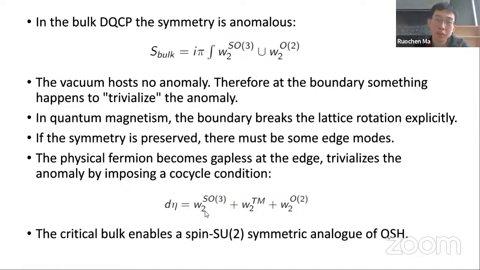You just plug this condition into this anomaly polynomial, and by some algebra, basically some Wu formula, you will find that the anomaly polynomial is trivialized at the boundary by the gapless edge fermion. So there's no inconsistency, and it requires that the fermion gap must be vanishing at the edge.